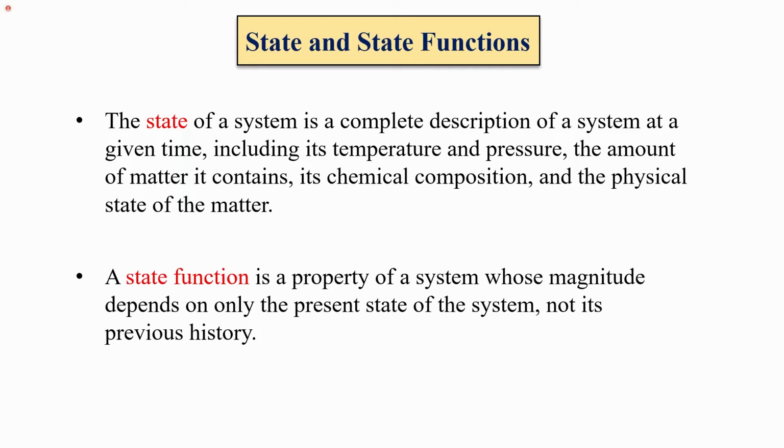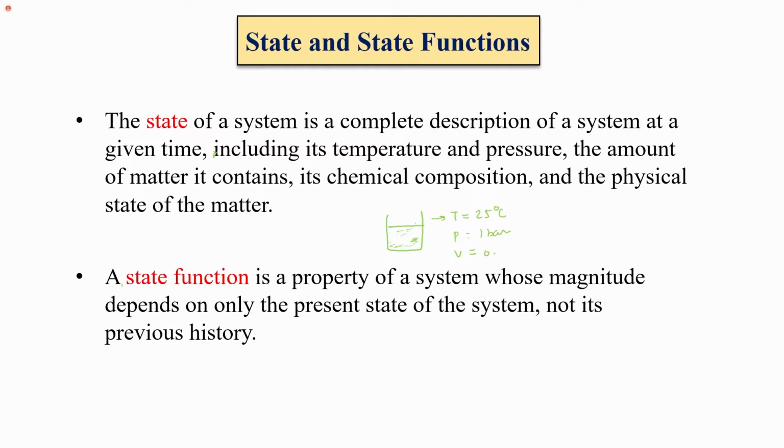So basically what it means is, let's say we have a system where we have taken water in this flask. What is the temperature? Let's say 25 degrees Celsius. What is the pressure? Let's say 1 bar. What is the volume?